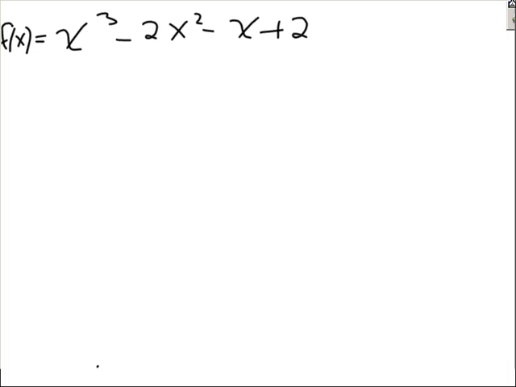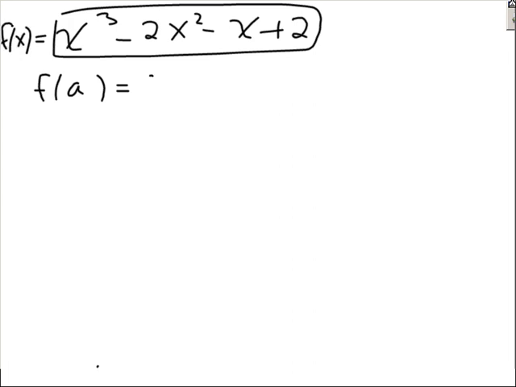Now, what would it mean to find a zero? If the number a is a 0, that means f of a equals 0. That is, when you plug in the number a, you get 0. But wait a minute. I know how to find f of a number.